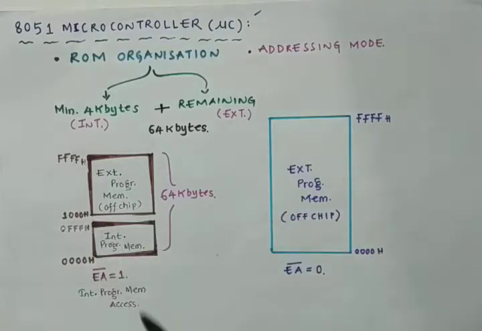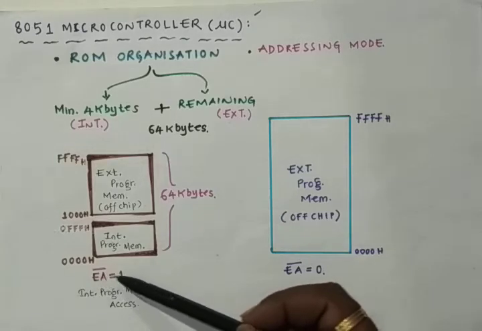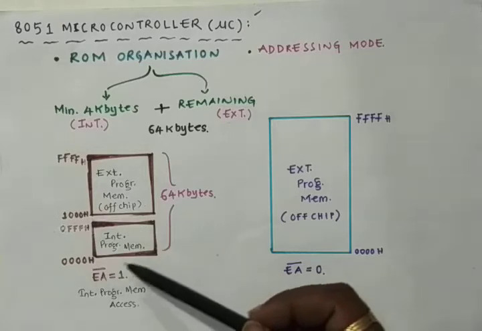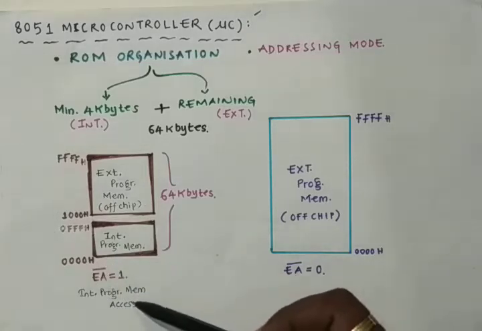Here, whenever the external access pin, which is an active low pin, is 1, the 8051 can have the internal memory access.